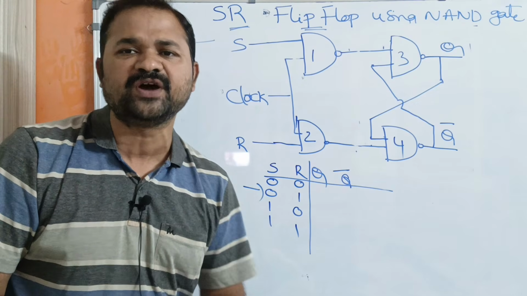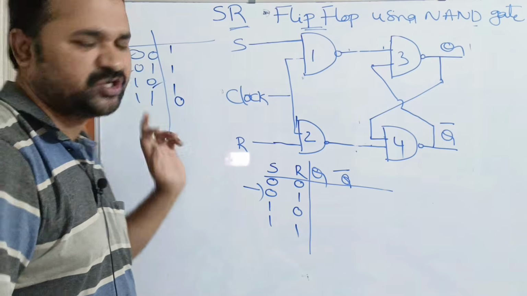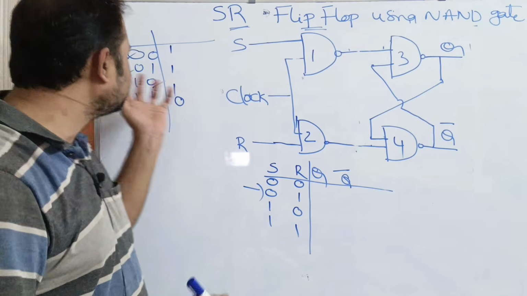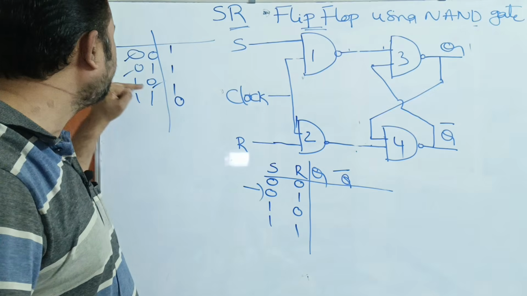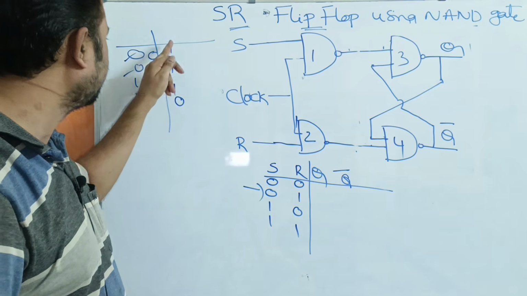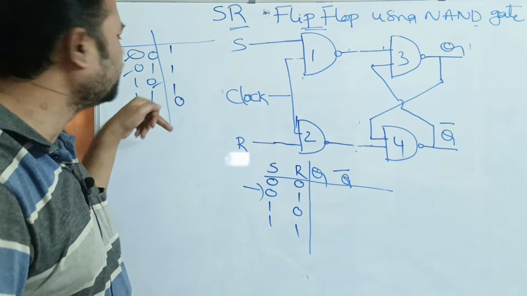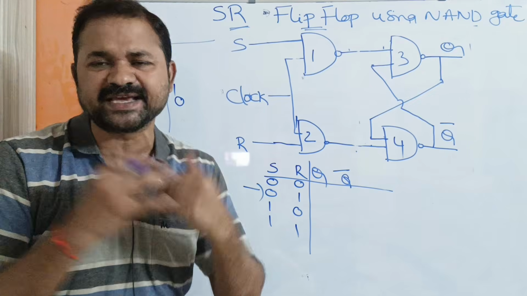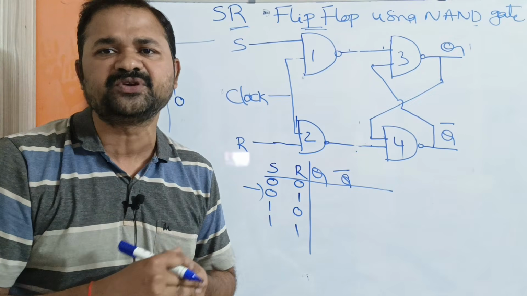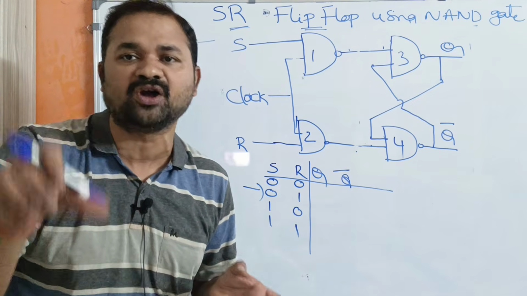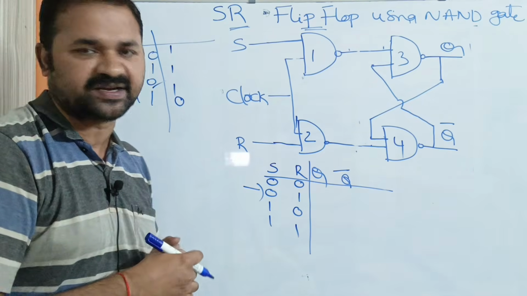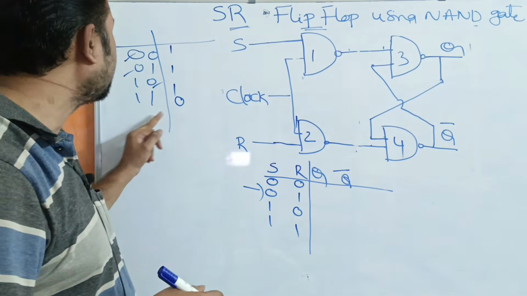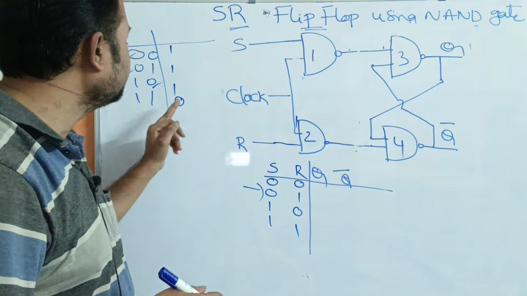So 0001 will be converted to 1110. If we analyze the truth table, we can say that if one of the inputs is 0, then there is no need to check the second input; the output is always 1. Whereas if both the inputs are 1, then the output is 0.